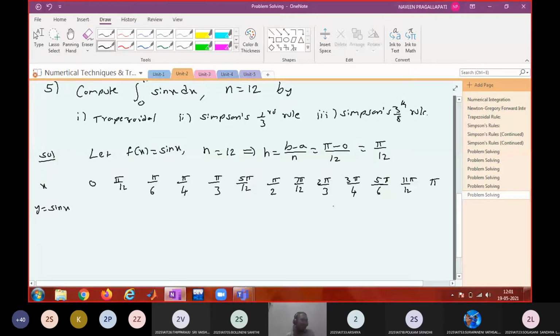That's it. So put your angle in radians. Make sure that your angle is in radians.